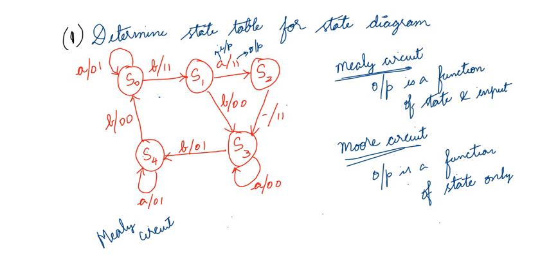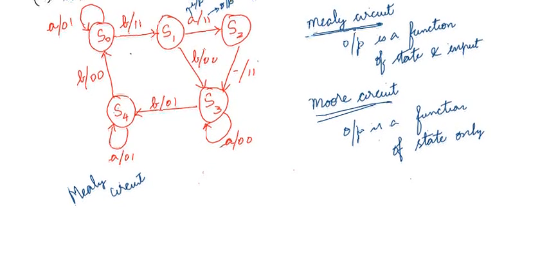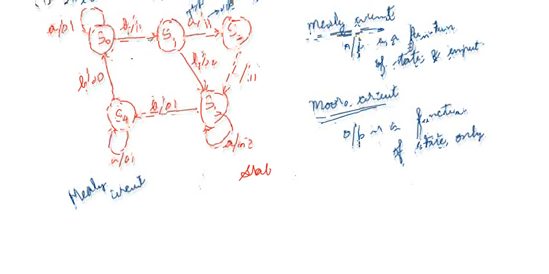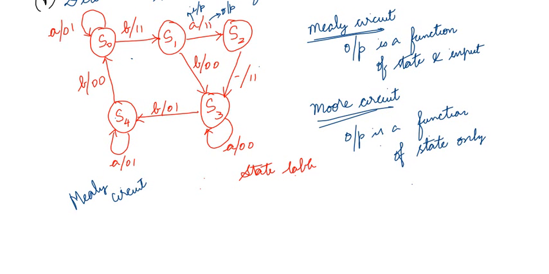Now the question is to determine the state table. So I'm going to draw the state table. In the state table, we take the present state, which is PS, and the input, x of t.